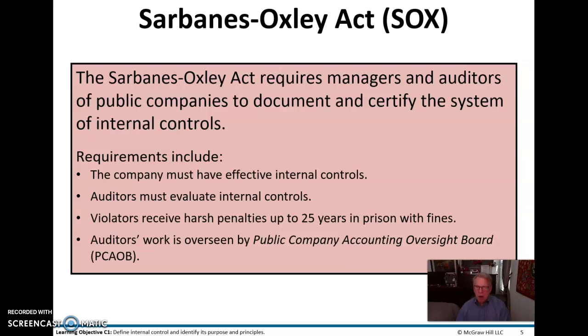The Sarbanes-Oxley Act, often called SOX, requires our managers and auditors of public companies to document and certify the system of internal controls. I was the SOX coordinator in my last position.